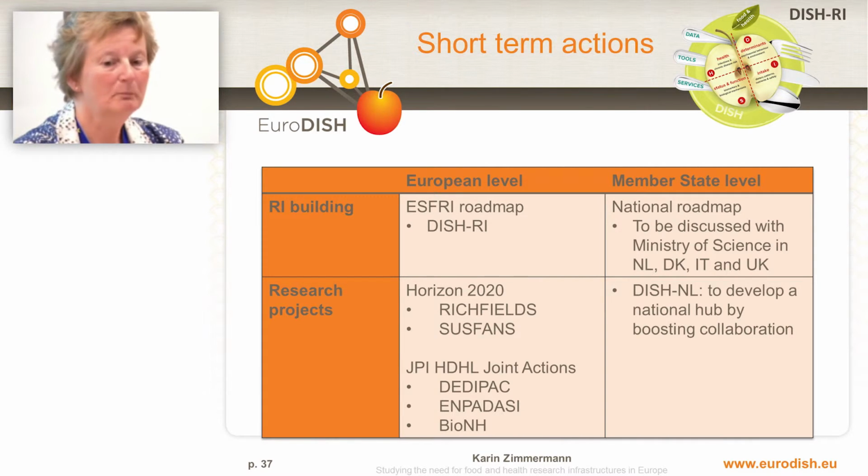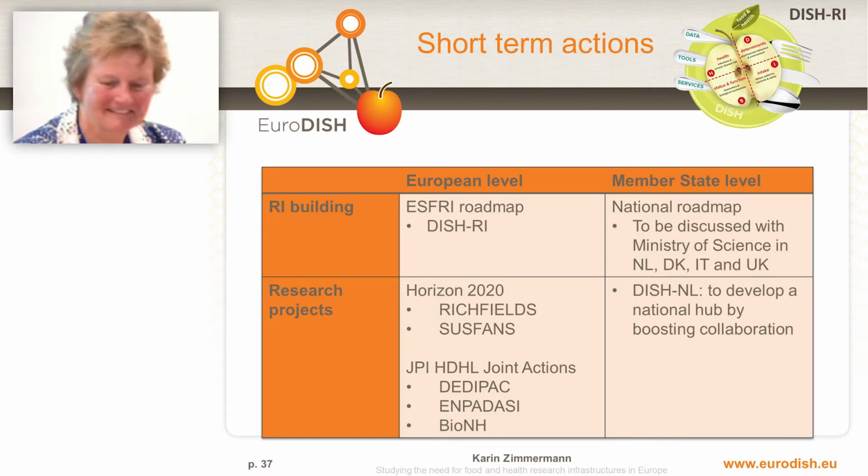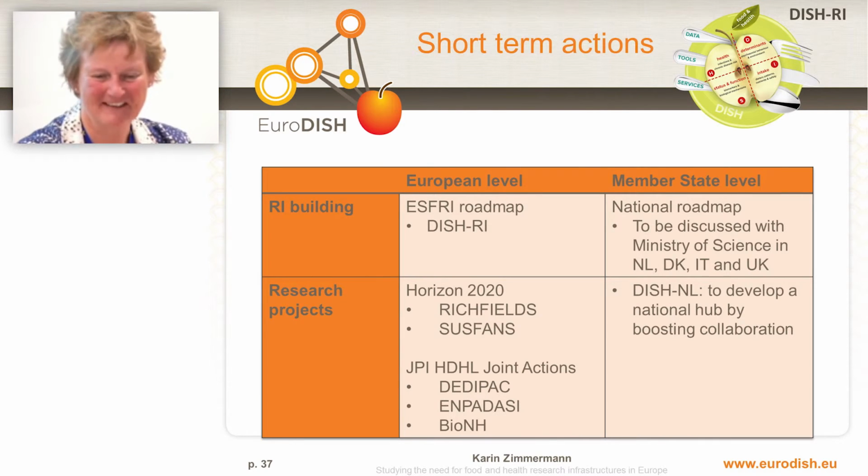Looking at the ESFRI roadmap, we submitted the DISH RI on the 31st of March, with the contribution of 4 member states, of which 2 have financial support. From the European level on research projects, we have RichFields, SUSFANS, and if we look at the JPI, we have DEDIPAC, PADASI, and biomarkers.